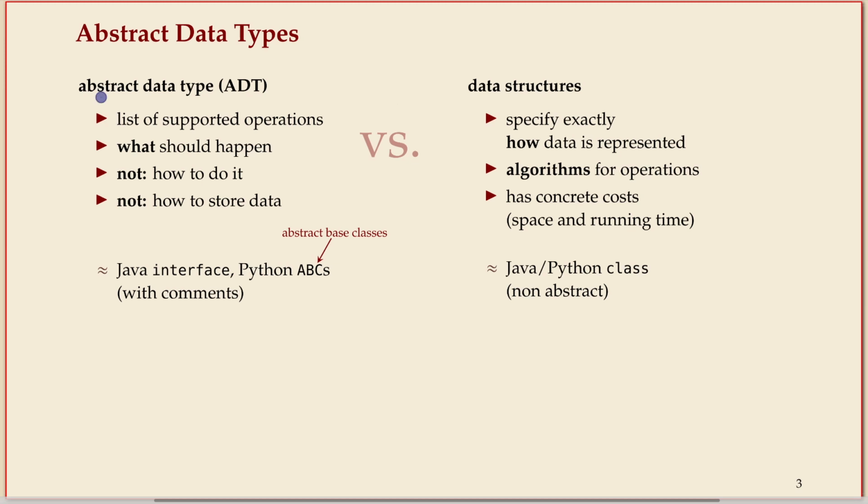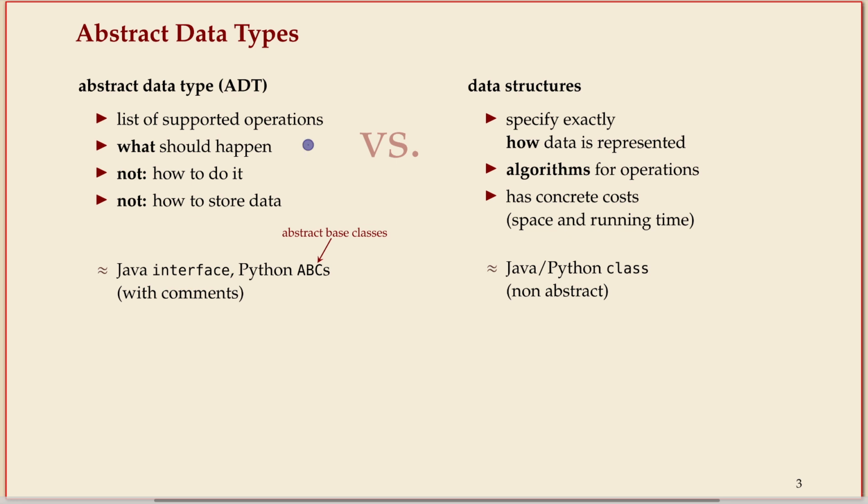An abstract data type tells you what the operations are that a certain structure is supporting. It tells you what should happen, but not how it's done. So in a way, you can compare it to an interface or these abstract base classes in Python, which is maybe a bit more of an esoteric feature that not too many people use all the time, but Python has something like this if you want to read it up.